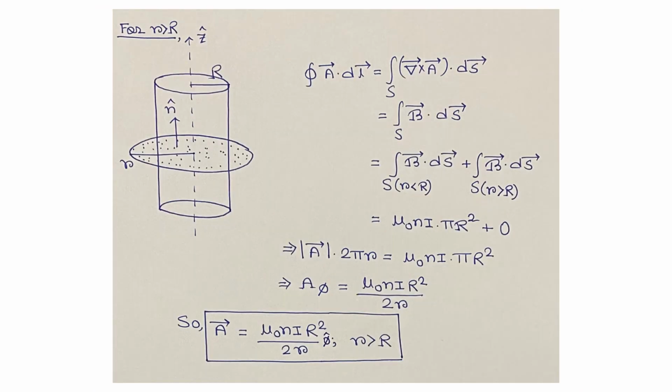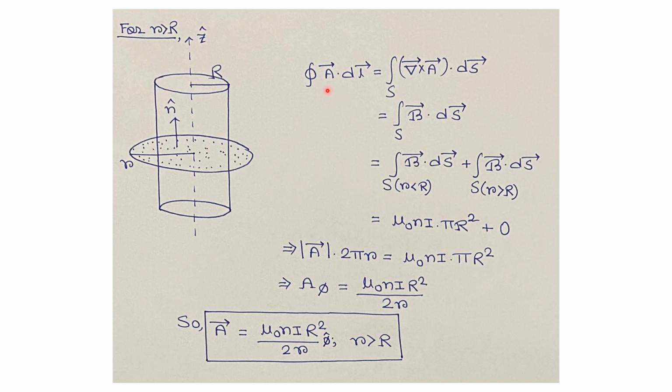Now we will consider the second case, that is small r greater than the radius of the solenoid. For this, we will consider a circular path having radius small r at position z equals L by 2. So now our small r is greater than capital R. We will do the same treatment, and for that we will take the closed path integral of the vector potential along the circular boundary.